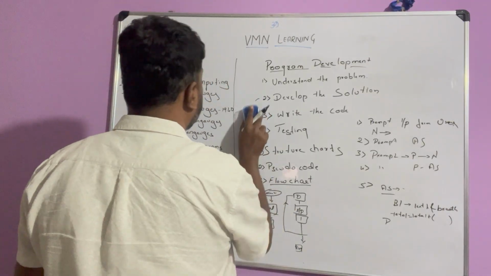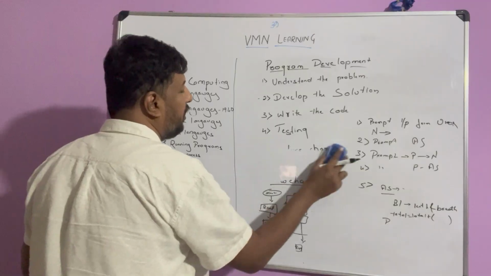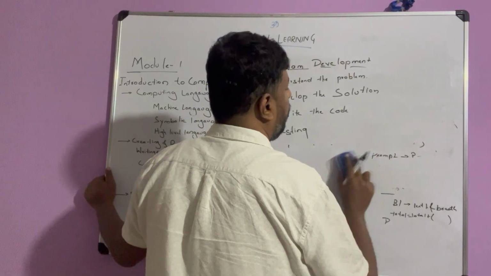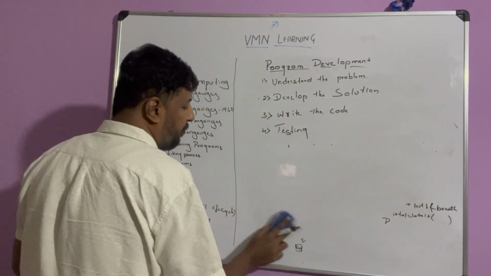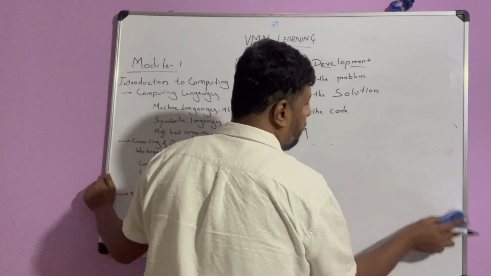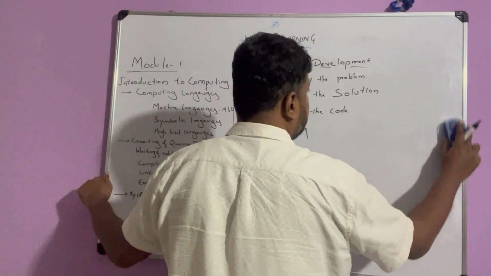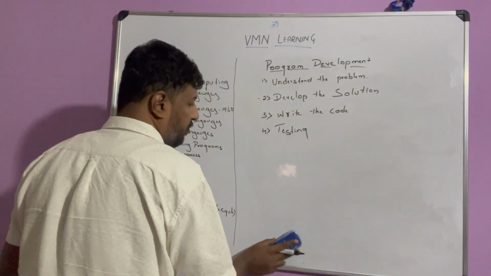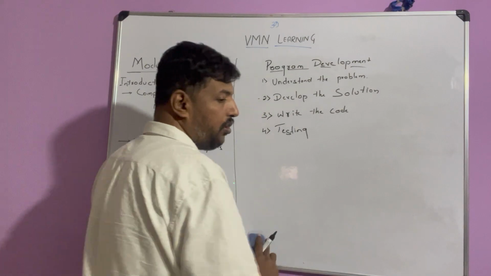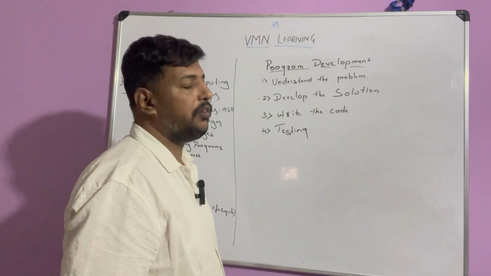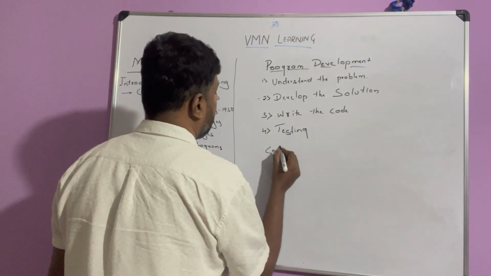So post developing, this is about developing the solution. You have written the pseudocode, you have the flowchart, you know what is happening and what is going to happen next. Next, you have to write the code. You have designed and done the flowchart, so writing the code is just converting whatever is happening into code.